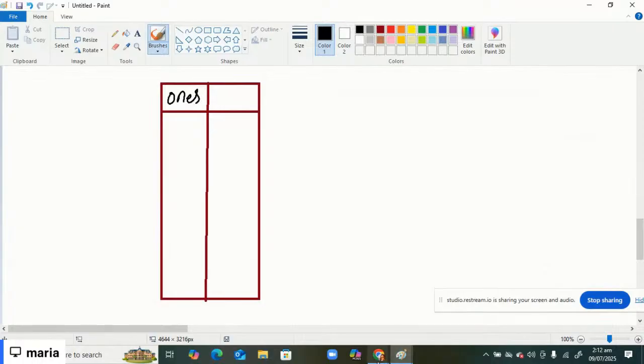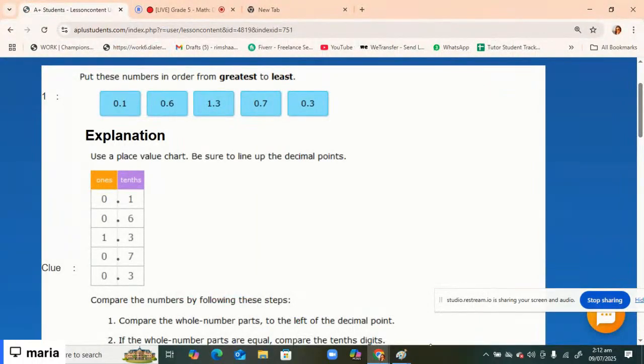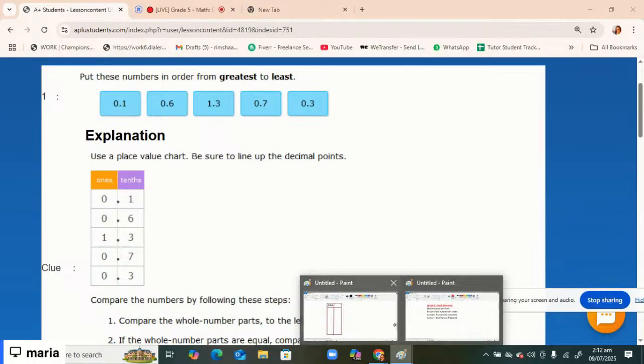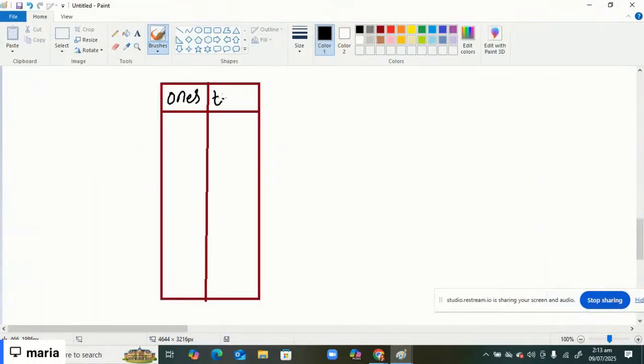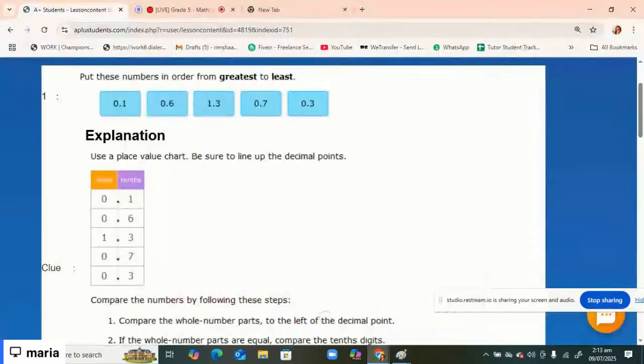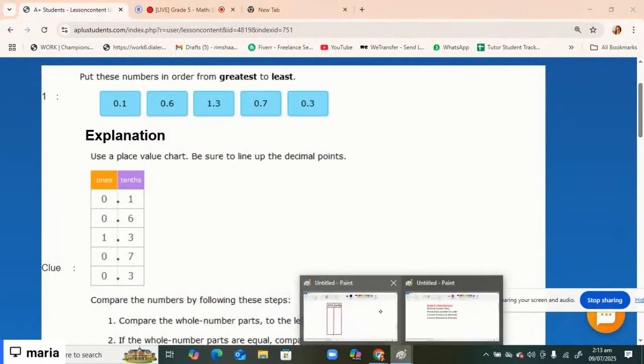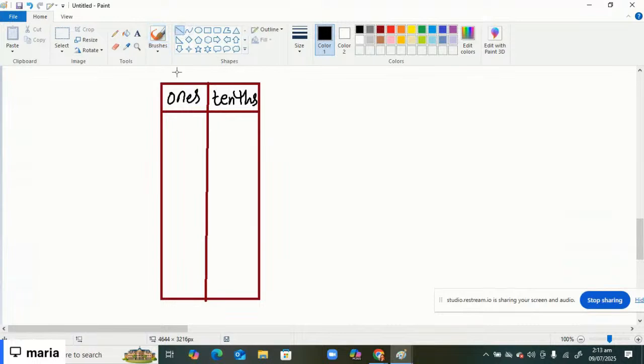This is ones, and now it's tenths. Because now here this is the point form. Okay, so these are all the point forms.